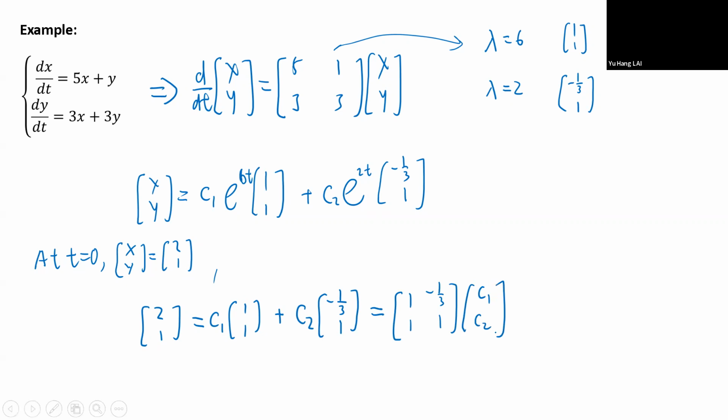Then C1 and C2 can be found by taking the inverse of this matrix and multiplying by the initial value vector. So that's it.